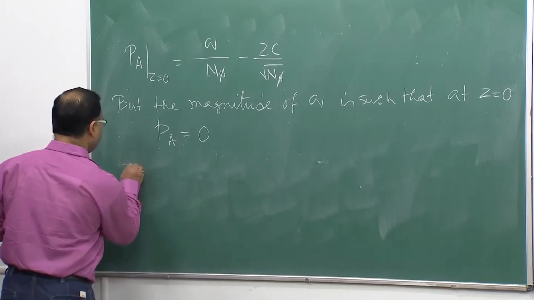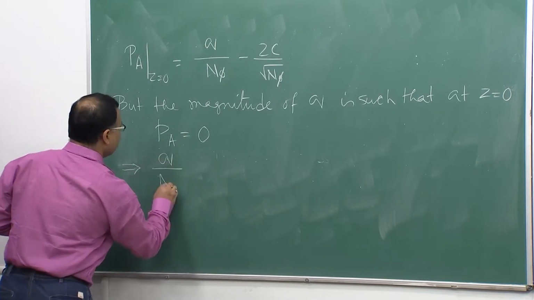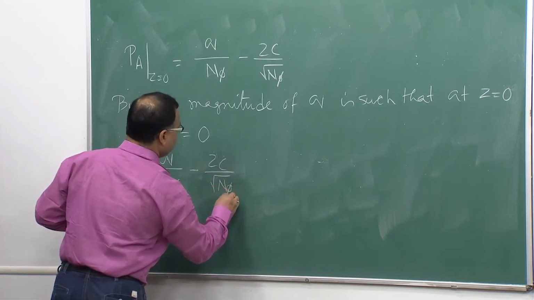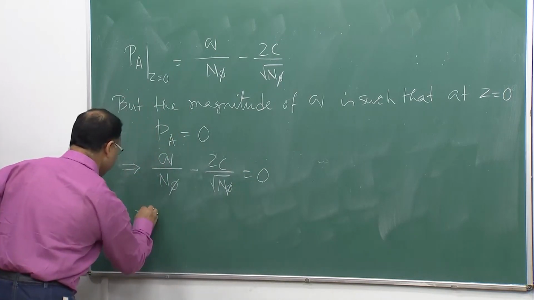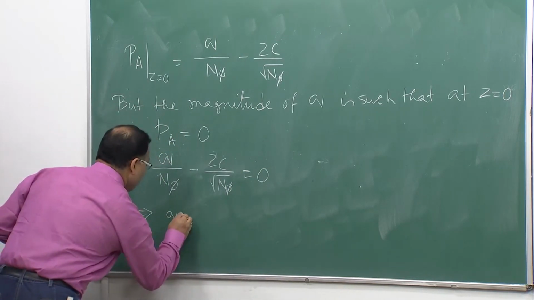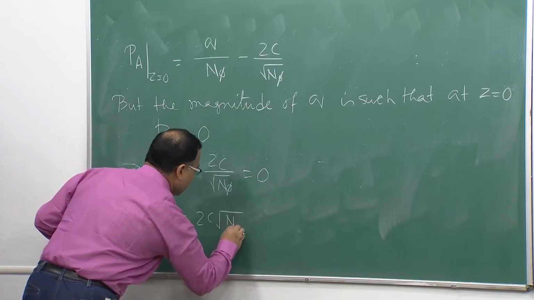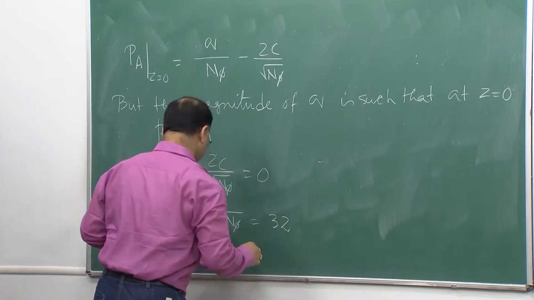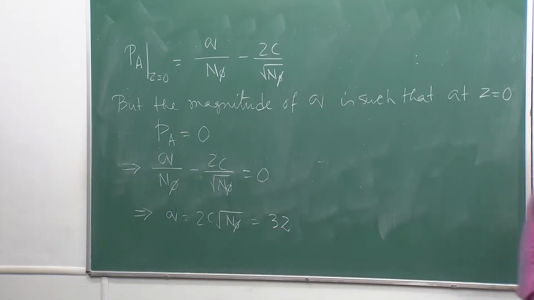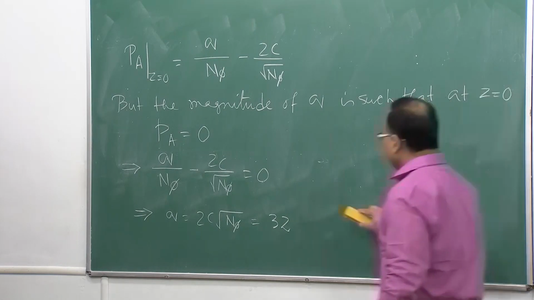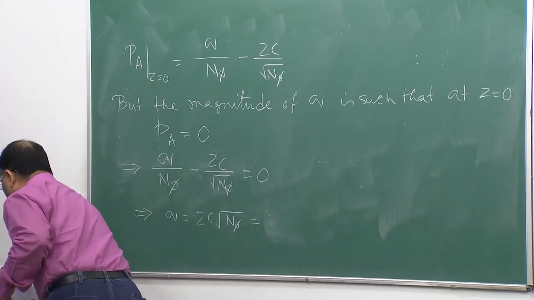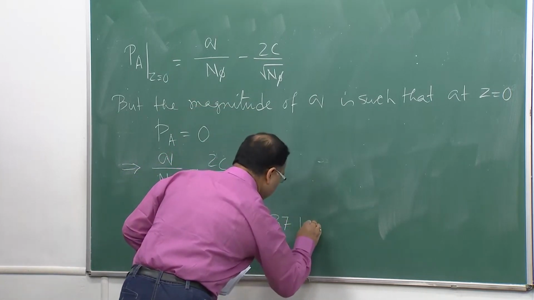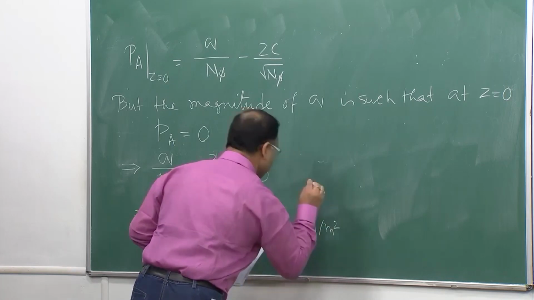So, if that is true, I can write down Q by N phi minus 2 c root over N phi is 0, which gives me Q equal to 2 c root over N phi. By putting all these values, I will be getting Q equal to 37 kilonewton per meter square.